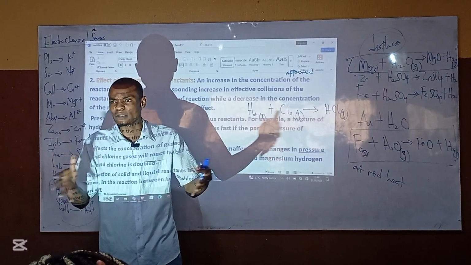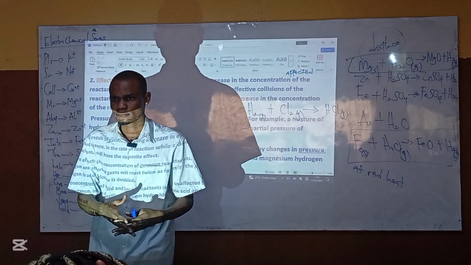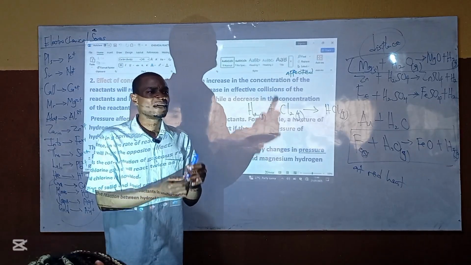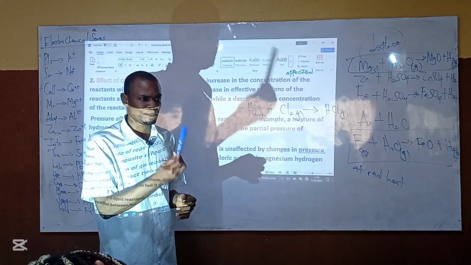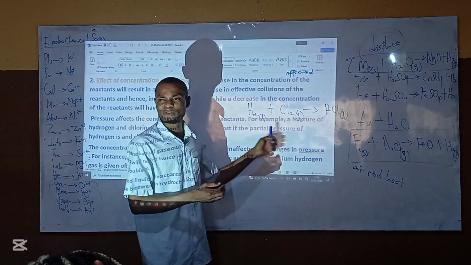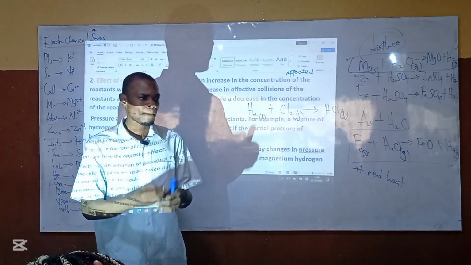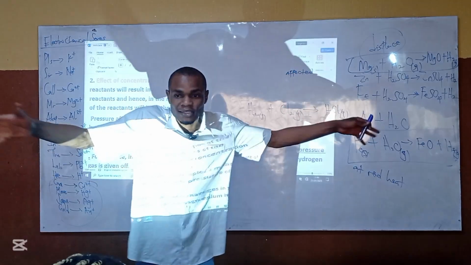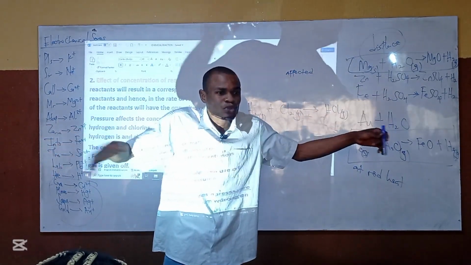When will they react fast? The one I put inside this marker, right? Because I have increased the pressure. I have doubled the pressure, right? So gases will react faster at high pressure, because there will not be space for them to move. They don't have a choice.